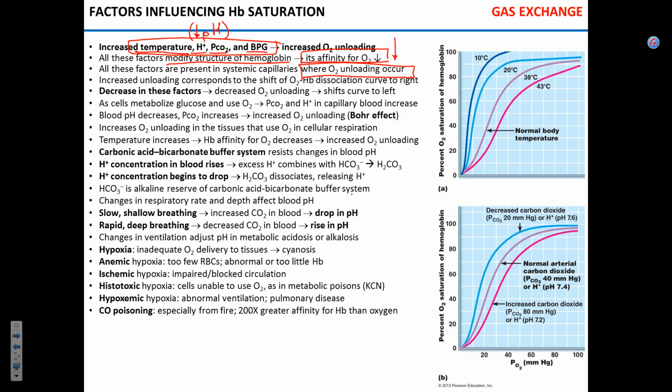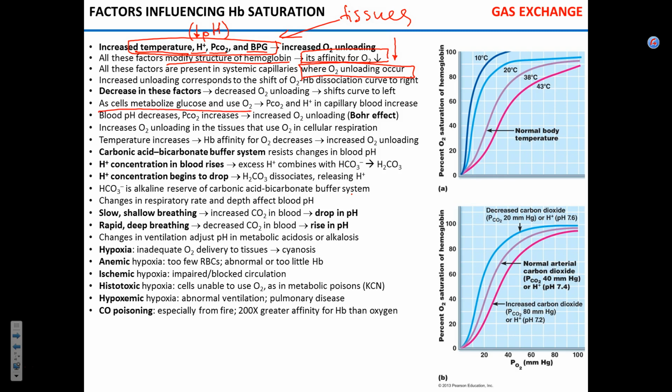Let's go back to that. First, let's talk about why these changes in these four parameters happen in the tissues. So what happens in the tissues? Cellular respiration. When tissues respire, they use glucose and oxygen.